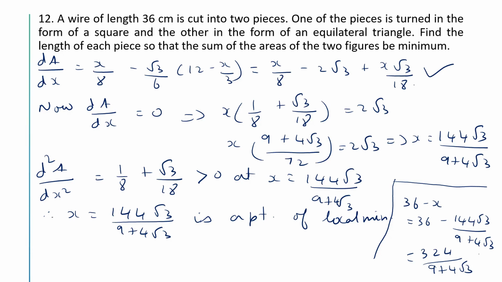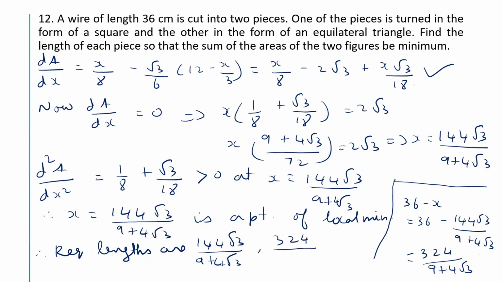So the required lengths are 144 root 3 by 9 plus 4 root 3 and 324 divided by 9 plus 4 root 3.